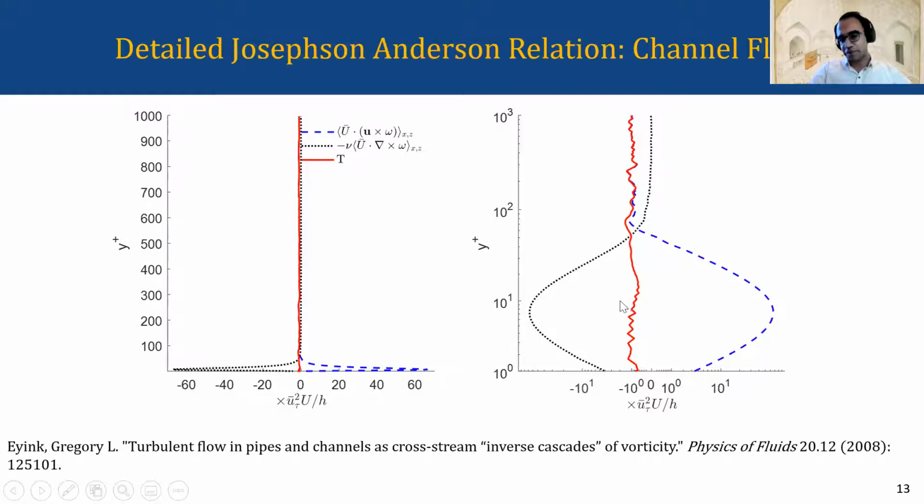So this is just a zoomed in picture of this essentially. You see that although the nonlinear term has the wrong sign very close to the wall, in the bulk of the flow it is what dominates. And in a time average sense, this red line of T should be equal to -1 in these units.